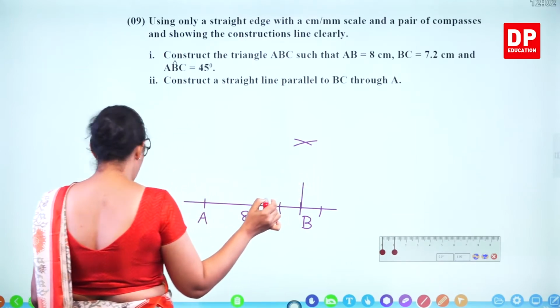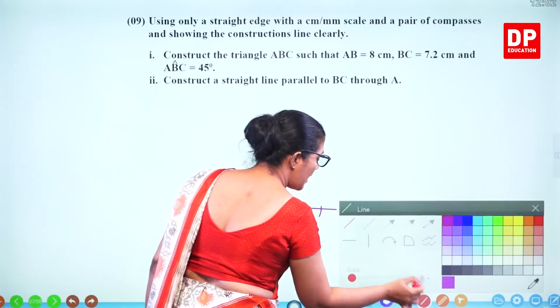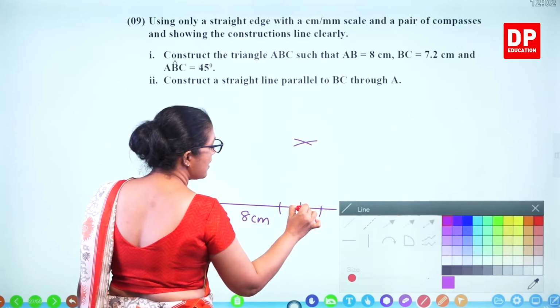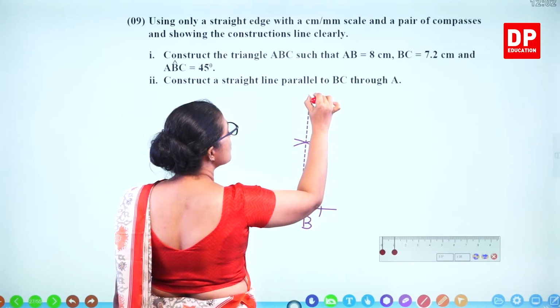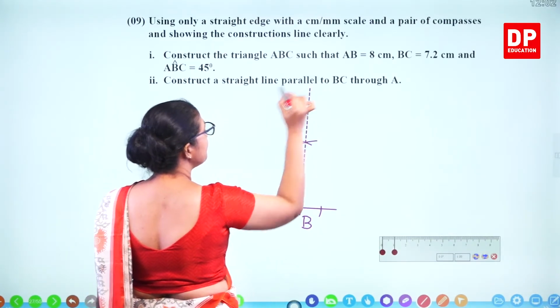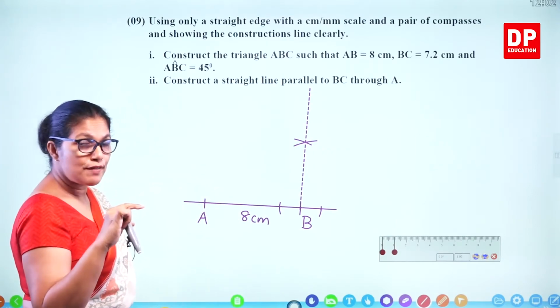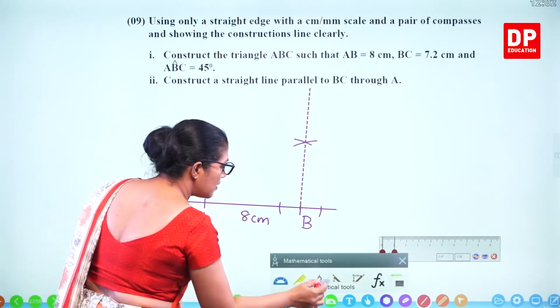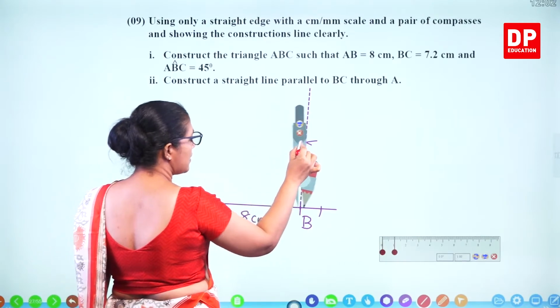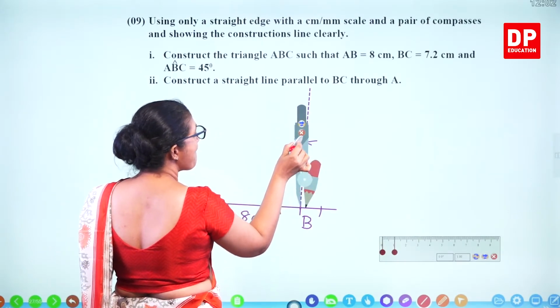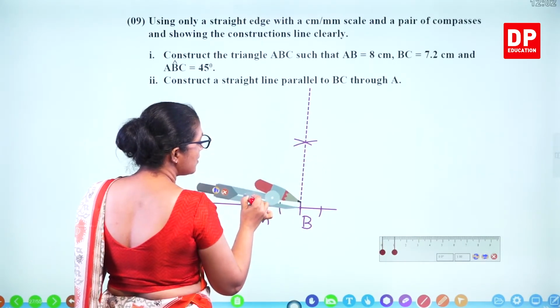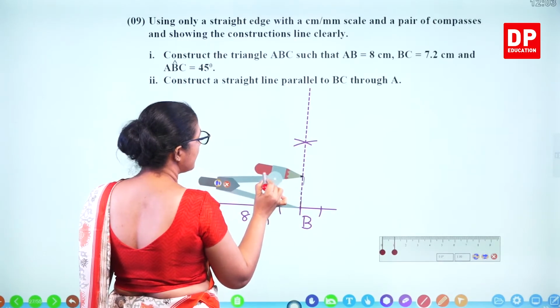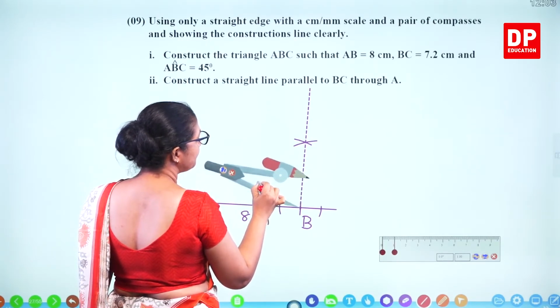So that's 90 degrees, but we don't need 90 degrees. So I'm connecting with a broken line. So this is 90 degrees. I need 45. Bisect the angle. So take the compass. Take any distance. So I'll take this one.